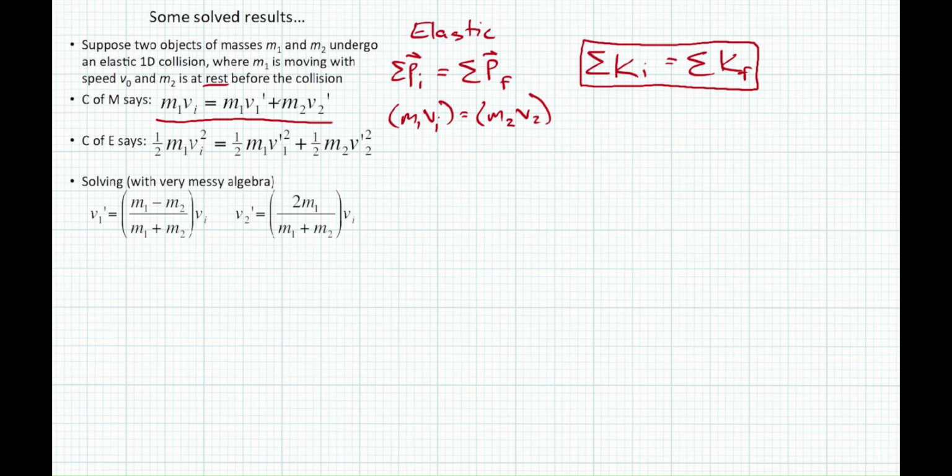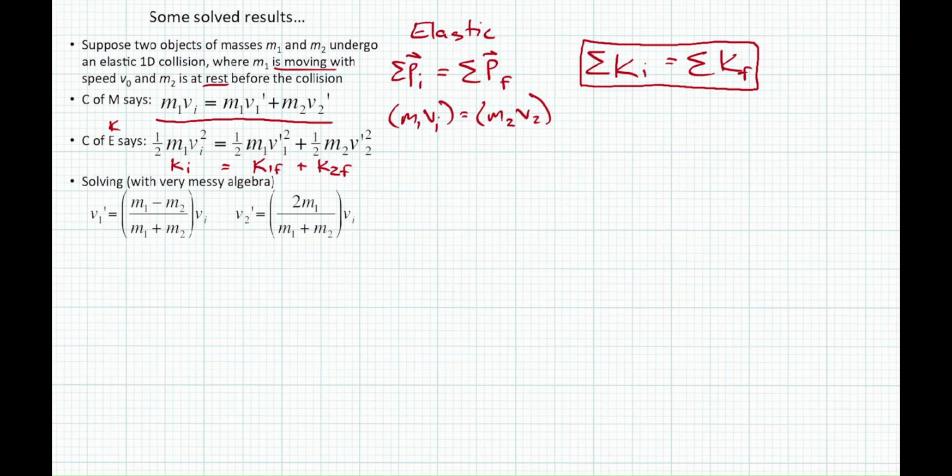We also know conservation of energy, or conservation of kinetic energy, tells us that this is our initial kinetic energy, and if only one object is moving and the second object is initially at rest, then we only have one kinetic energy here. But once they strike each other, we're going to have K1 final and K2 final.